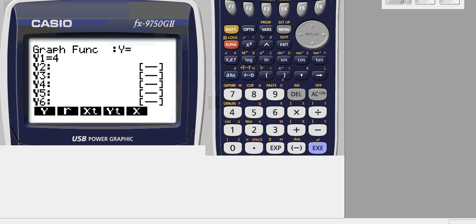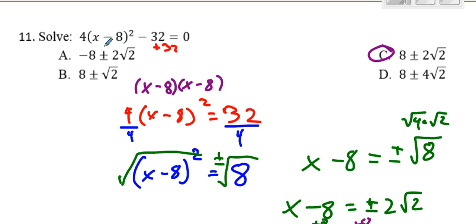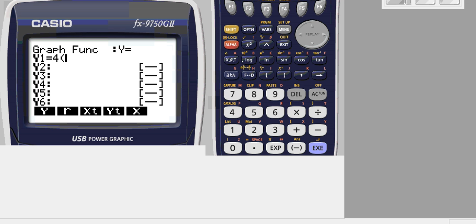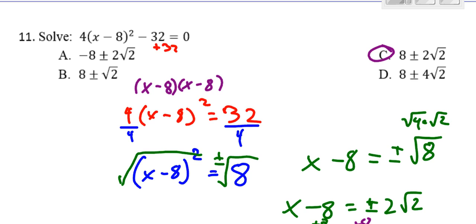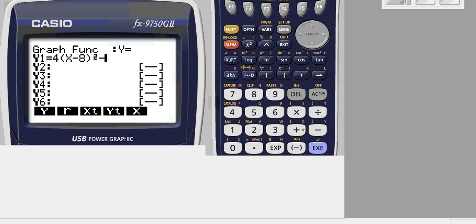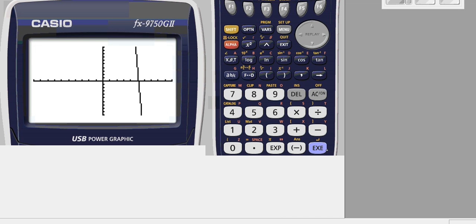If you type in that whole function, 4 times x minus 8 squared minus 32, your calculator will graph it.